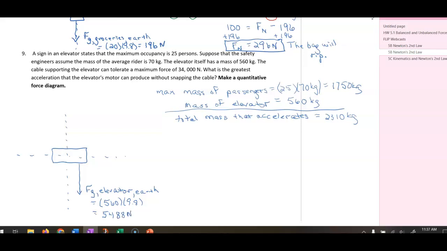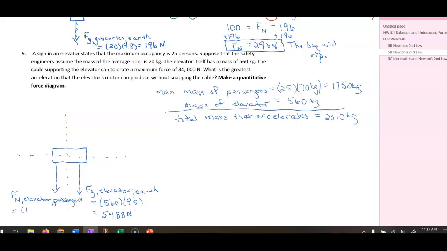Now the passengers are standing on the floor of the elevator, and so their weight is pushing down on the elevator. That's a normal force. It's being exerted on the elevator by the passengers. And that force, it is a normal force, but it equals the weight of the passengers, right?